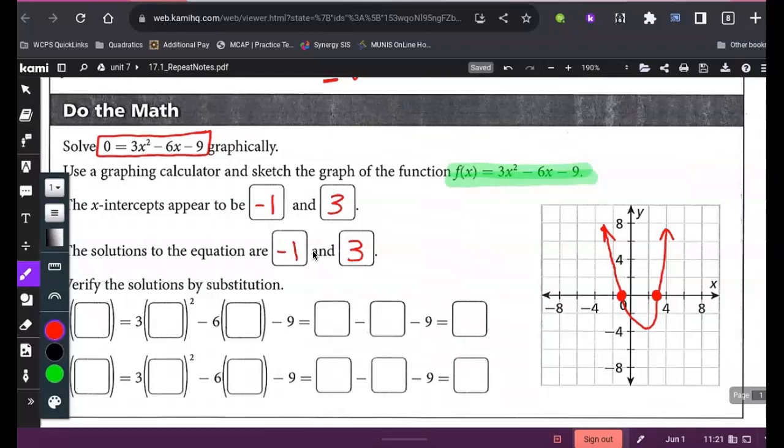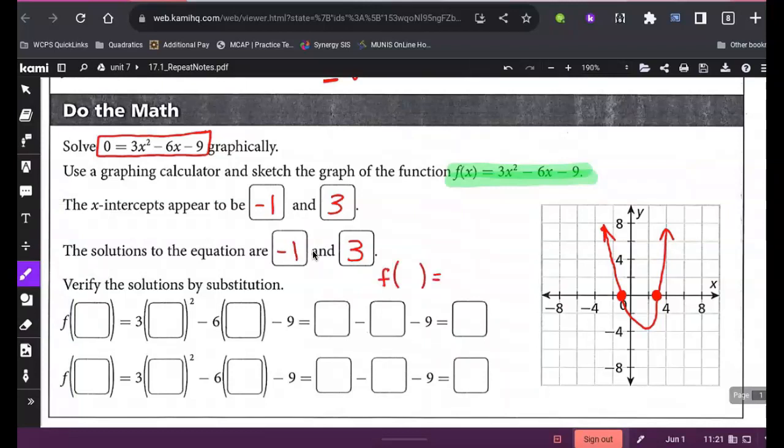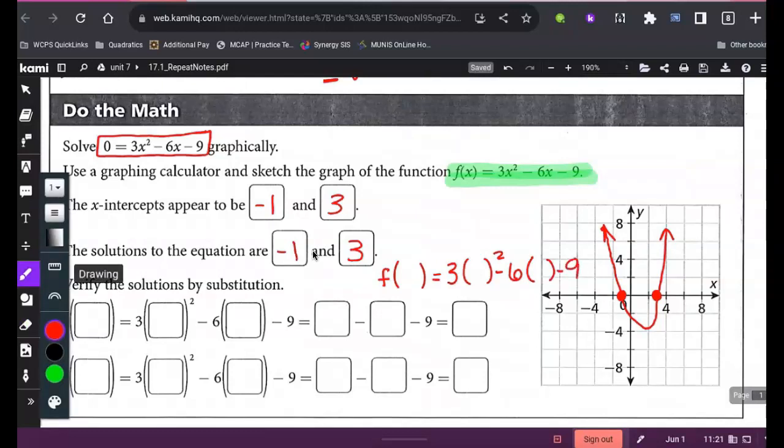So now we're going to go back to our original equation. Everywhere there's an x in our equation, we're going to substitute the 2 solutions that we just got. So I'm going to rewrite all of this, and I'm going to leave the little set of parentheses blank. The first time, we're going to check the first solution.